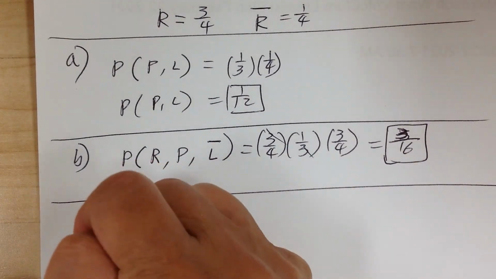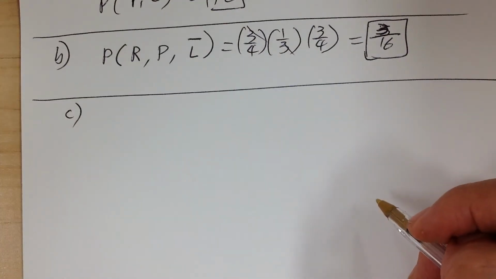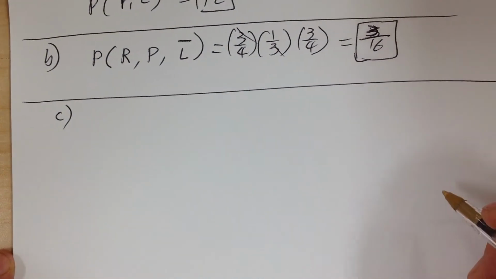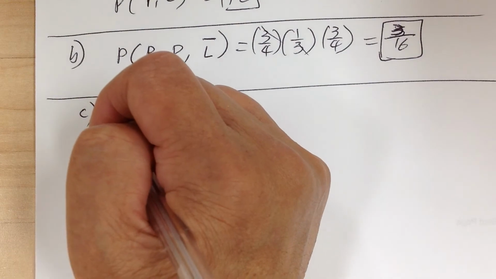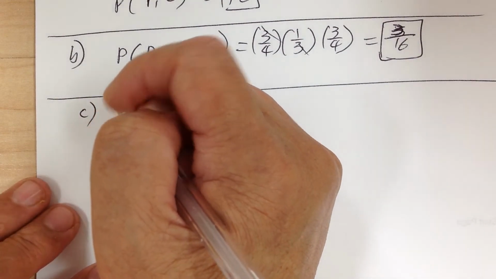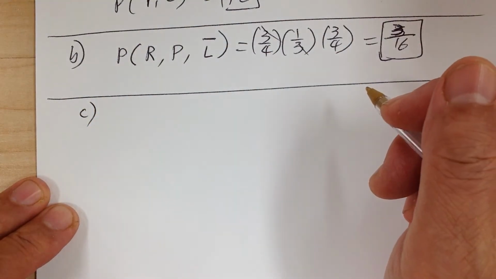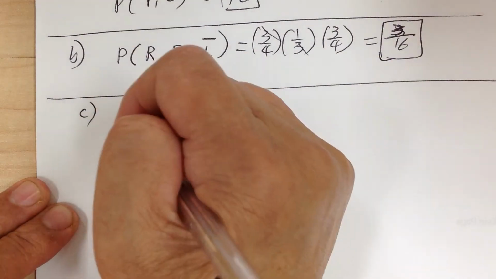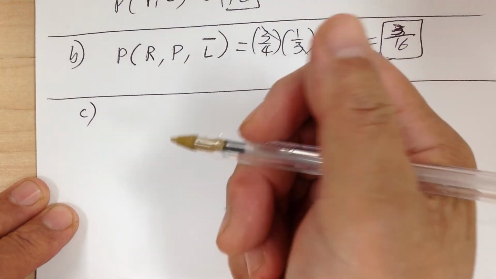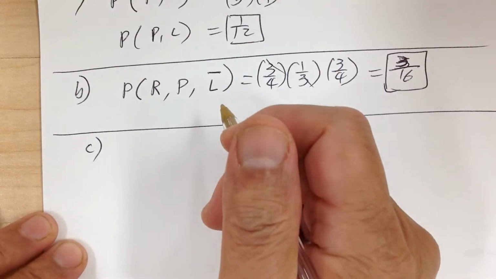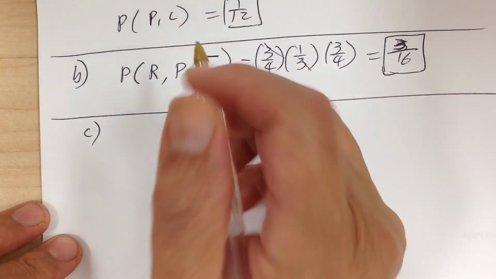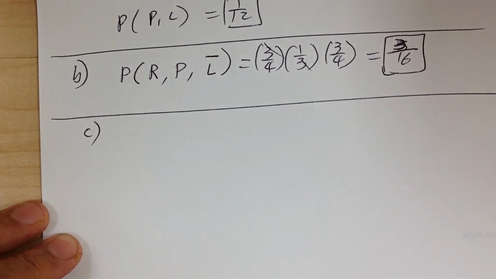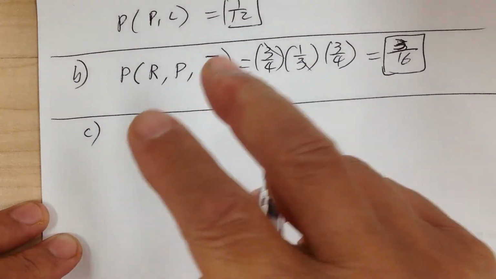Okay, let's go to C. At least 2 of the 3 ask him. So you have to figure out which one you're not. You can have at least 2 of the 3, so you can do the 2 and the 3.